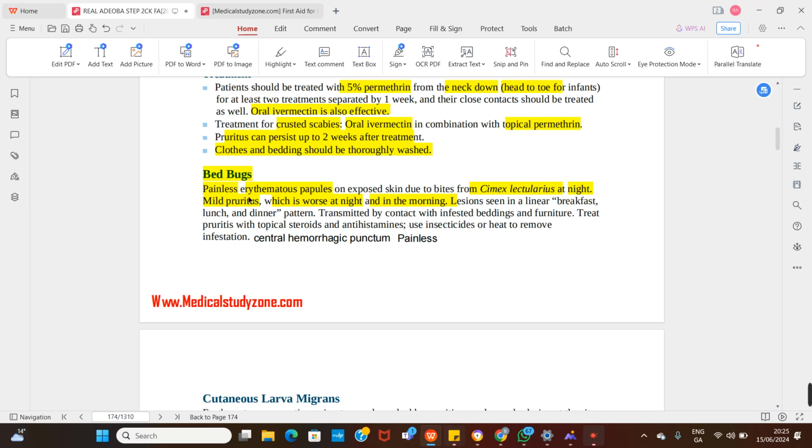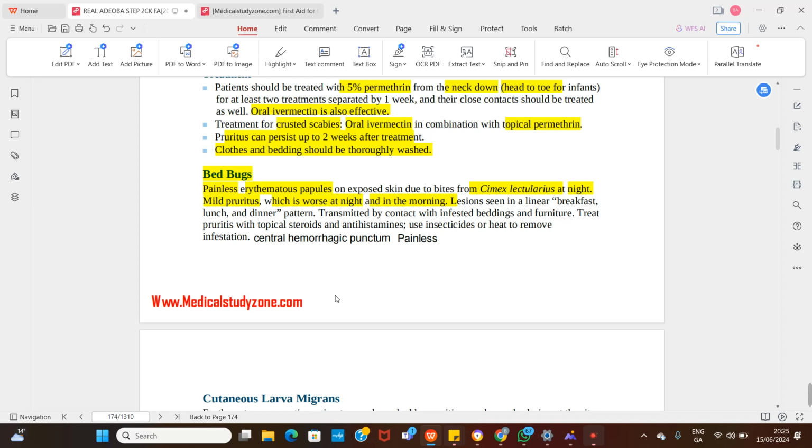Because the saliva of the bedbugs has an anticoagulant property that allows, once they take their bite, the blood to be anticoagulated, leading to free flowing of the blood. So that can cause some little bleeding within the lesions, and that bleeding has a central indentation. That's what brings about this central hemorrhagic punctum. So you are seeing a purple lesion with a central bleeding with an indentation within it.